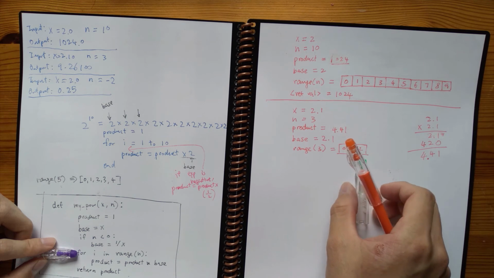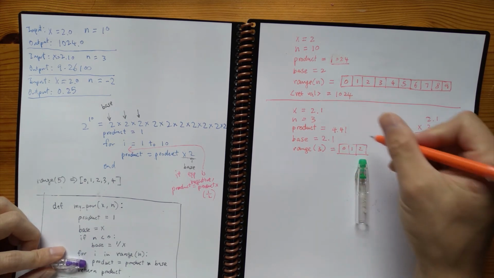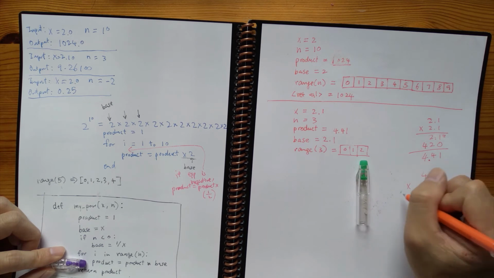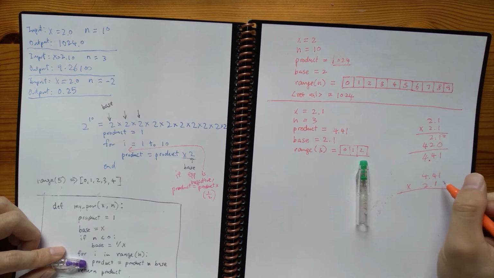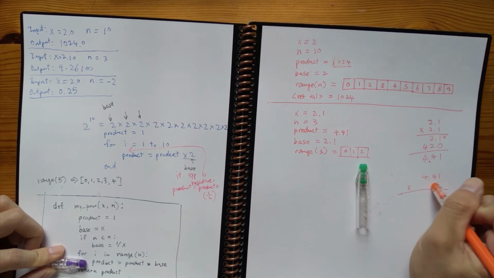I'm going to move the pointer over one more time. And then we're going to do the same thing again. This time we're going to do 4.41 times 2.1. Actually, I think we line them up.